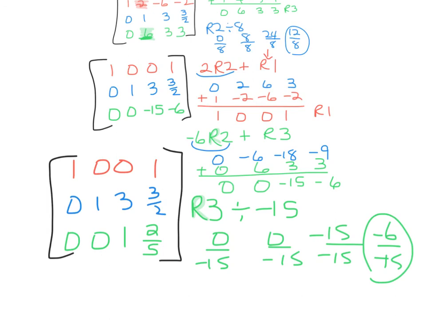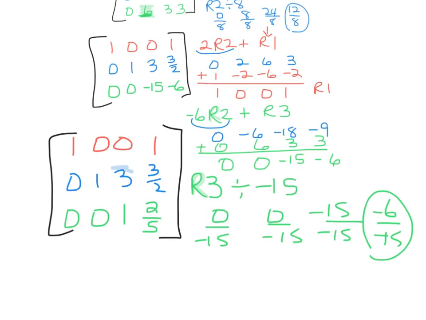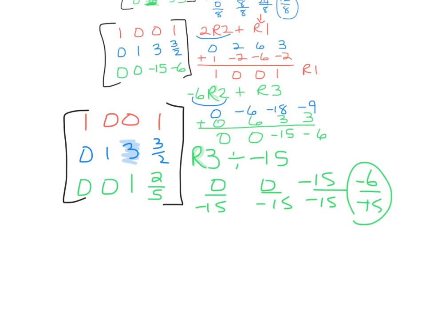Now I need to go back up and I need to change one more thing. I already got a red 0 up there, but I need to change this one also to a 0. So again, I'm using the row I just made a 1, so I'm using row 3. So row 3, I'm going to multiply that by -3 and add it to row 2.